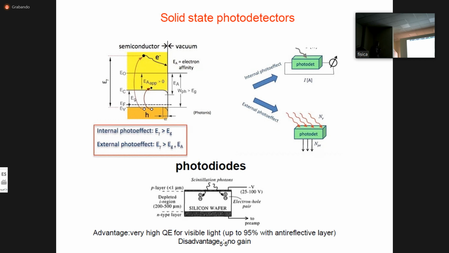The main difference here is that you do not have the so-called external photo effect, which actually happens in photomultiplier tubes, because your electron from the surface of the photocathode goes to the vacuum. Here it is called the internal photo effect. Your photon can create an electron inside these semiconductor materials.